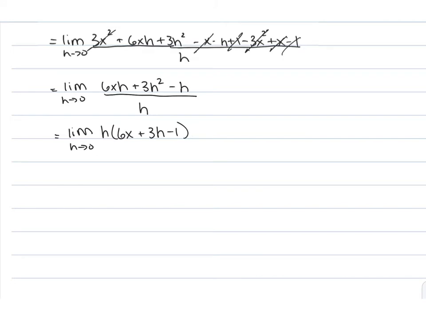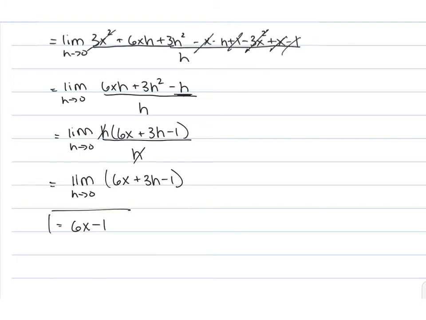Just make sure when you factor the h out of the negative h, you're left with a minus 1 as a placeholder. Just make sure that doesn't get dropped. So I have 6x plus 3h minus 1. And now, if I let h go to 0, I'm just left with 6x minus 1.